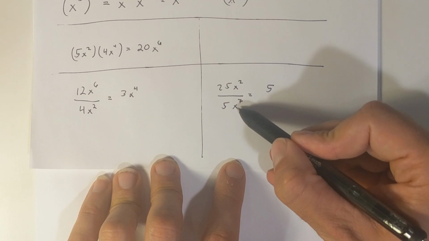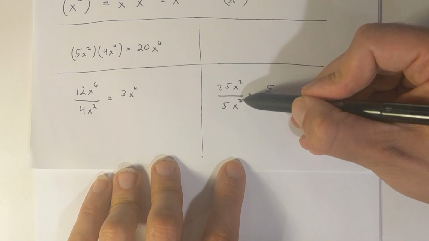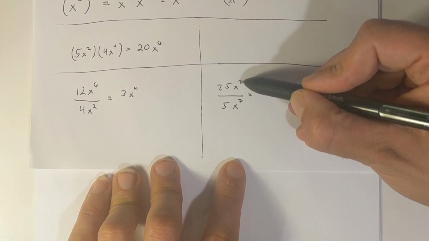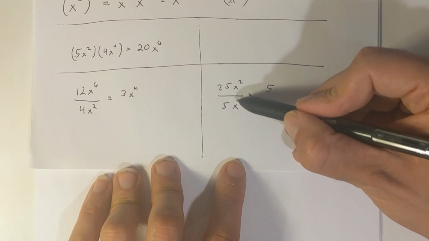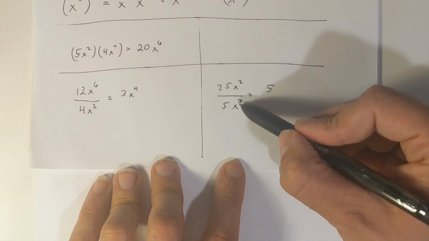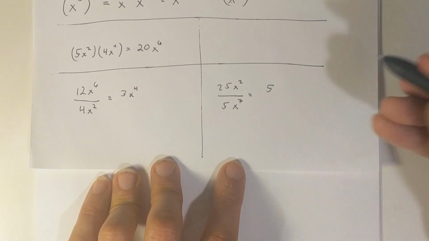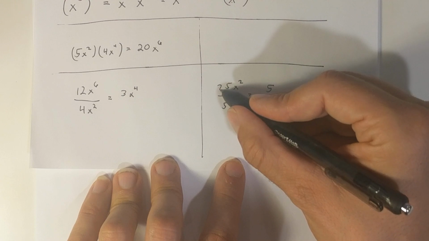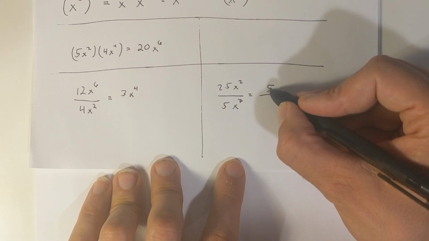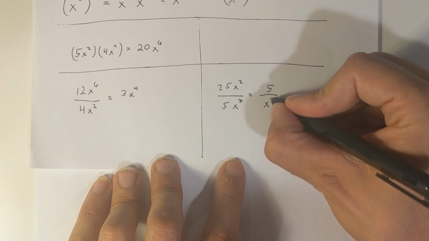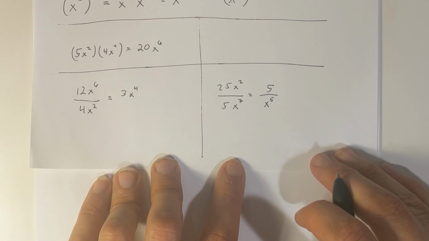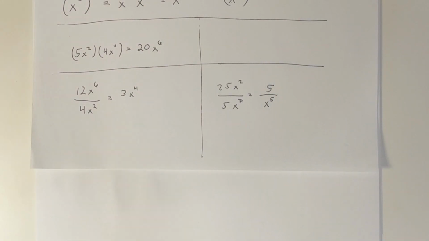And for x to the 2nd divided by x to the 7th, we notice the 2 is smaller, so I can cross out two of these, which leaves x to the 5th. But where is that x to the 5th? It's on the bottom. So the 5 is on the top, since the 25 is on top, and the x to the 5th is actually on the bottom. Hopefully that makes sense.